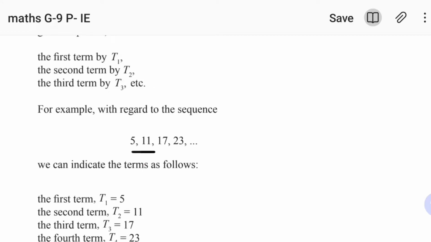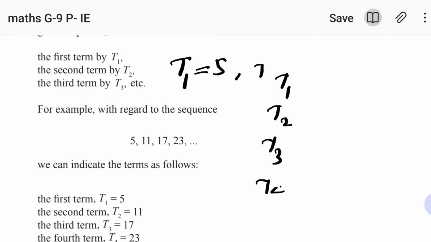Now see, you have 5, 11, 17 and 23. To develop a notation to create a number pattern, what we call the first term, we will write as T1. Term 1 for this pattern is 5. Let's write it this way: term 1, term 2, term 3, term 4.